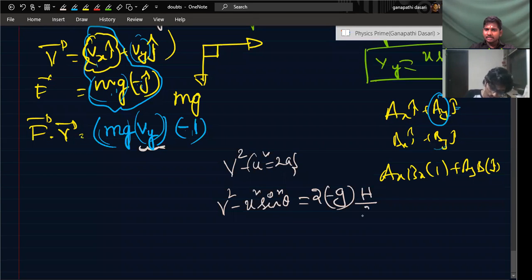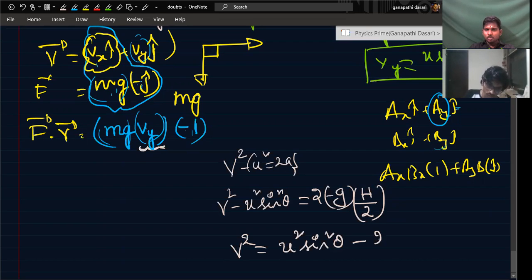H by 2. That is v square is equal to u square sine square theta minus 2g into h, where h is the maximum height, which is u square sine square theta by 2g, right?